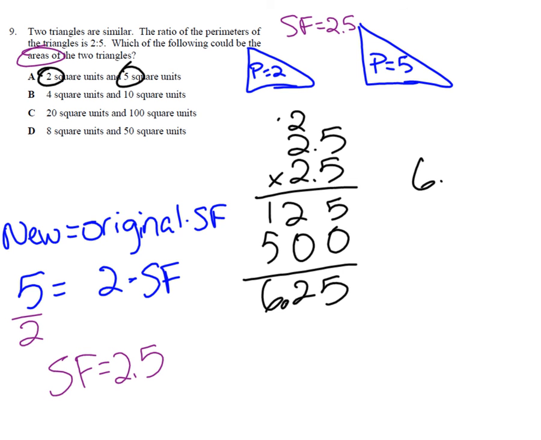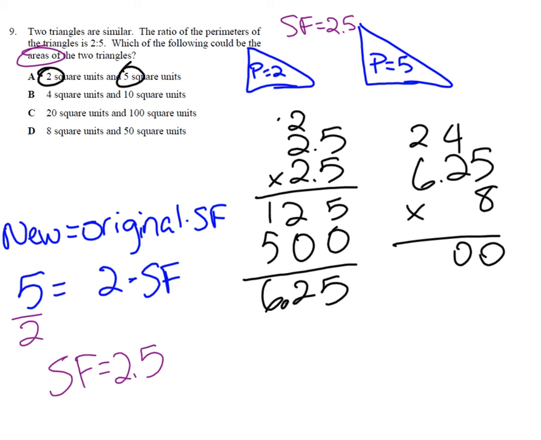So what if we tried the actual thing? 6.25 times 8. And we get an exact 50. So which of those could be the two areas? It's got to be D.